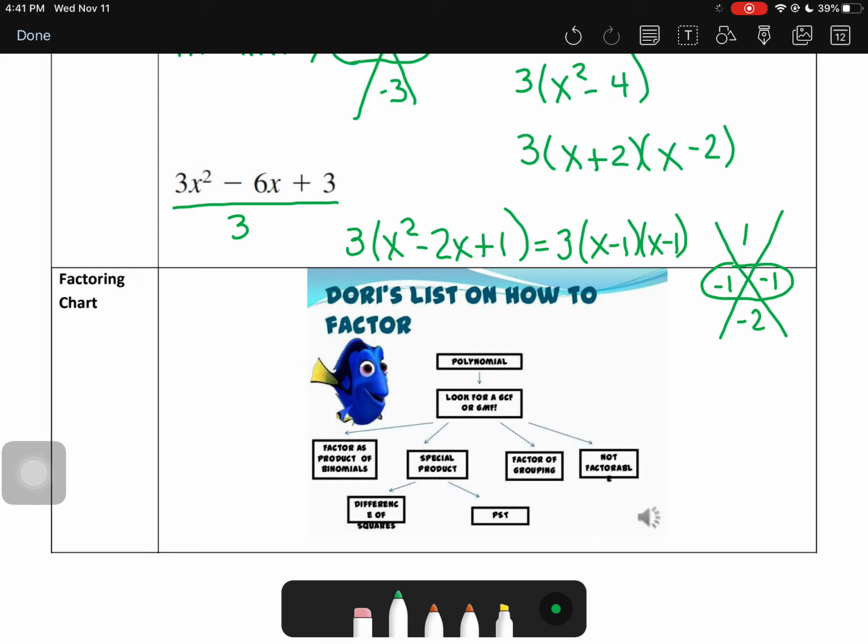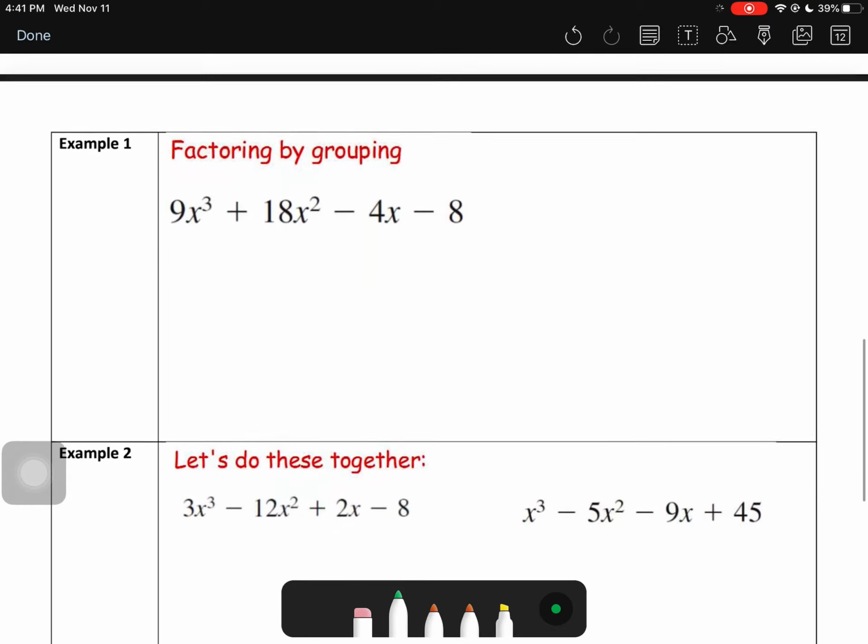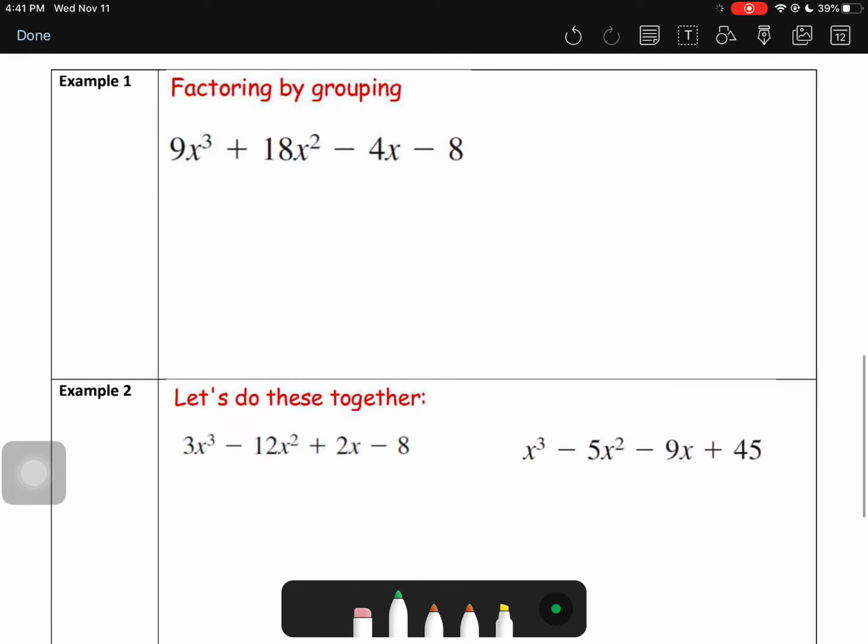So here's the factoring chart of all the methods we've used, and now we're going to move on to factoring by grouping. When you're factoring by grouping, it must be a polynomial with 4 terms.